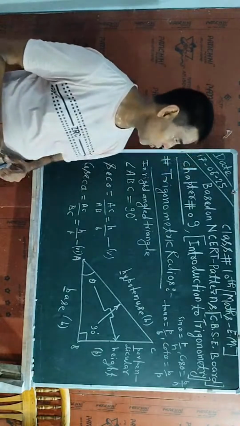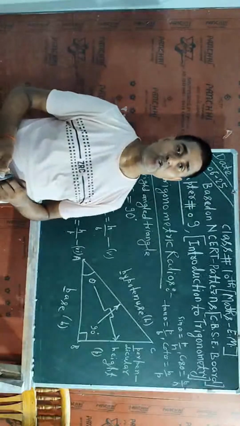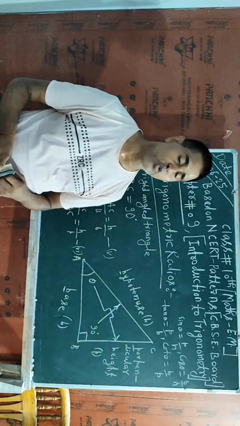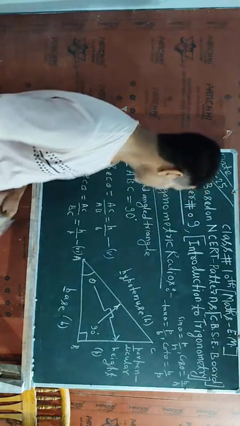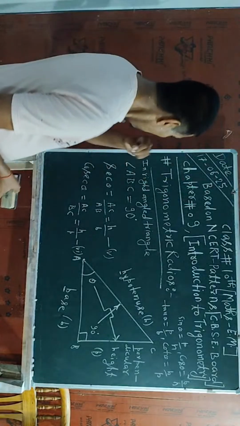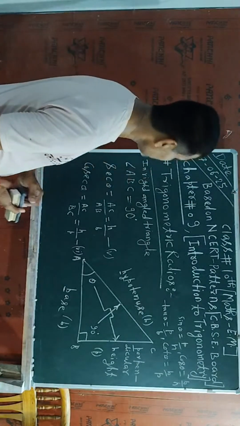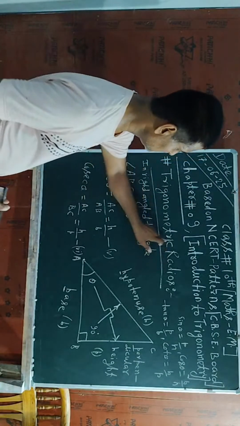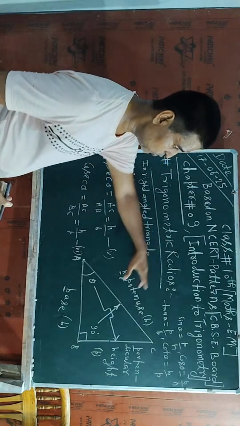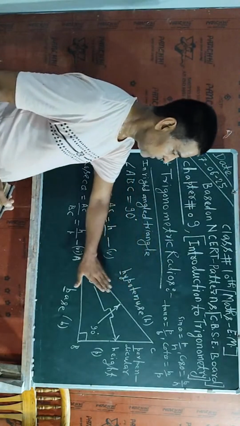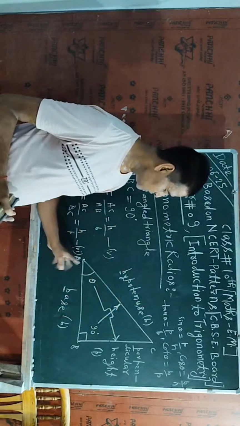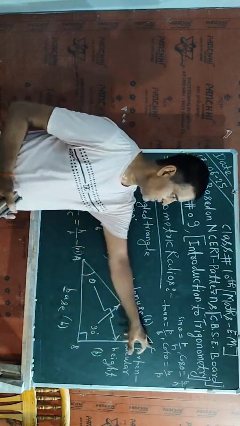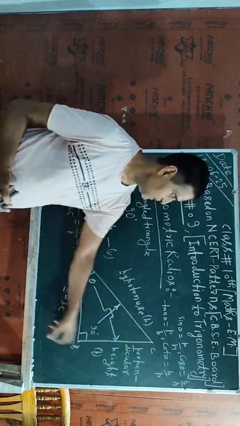Okay students, now I am going to also explain Pythagoras theorem. Pythagoras theorem is also applied in the right angle triangle. I hope you know this trigonometric ratio very well with the help of this diagram, and this diagram is known as the right angle triangle ABC.